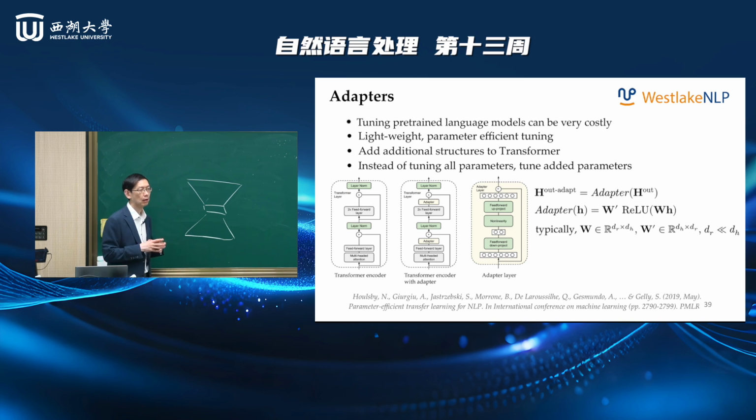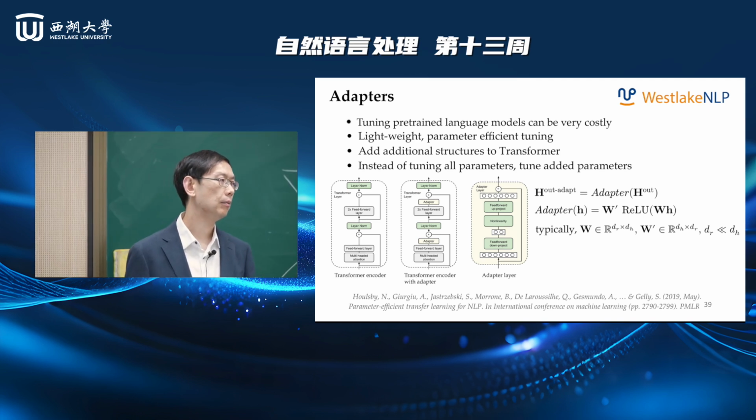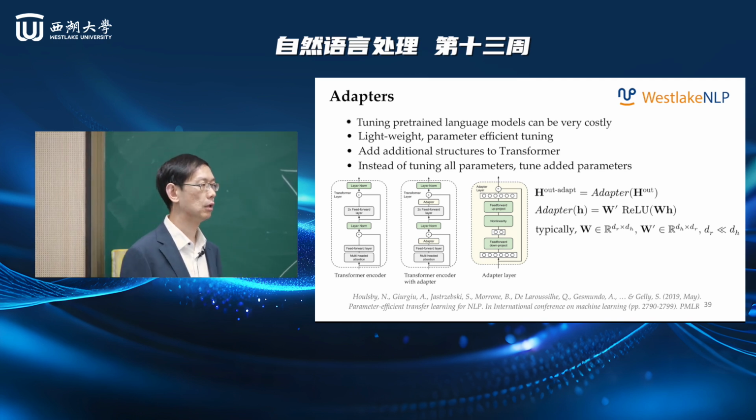And then the whole model, including the pre-trained BERT or GPT or BART and the adapter parameters, as a whole, will serve the same purpose as a fine-tuned language model. And your adapter parameters can be much smaller, maybe only 1% of the original number of BERT parameters.